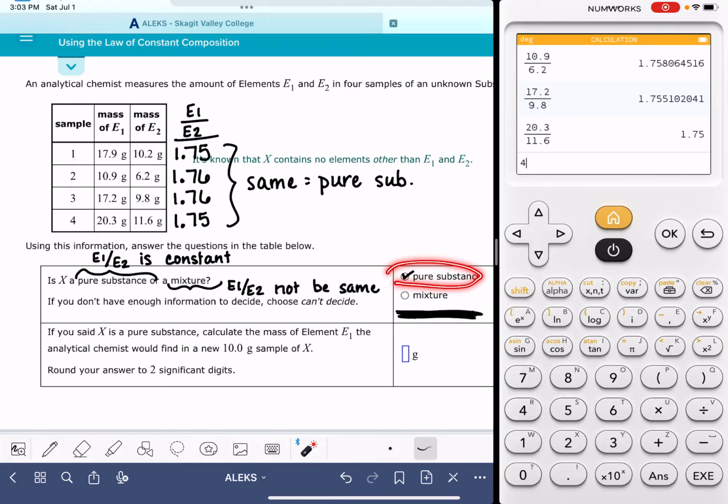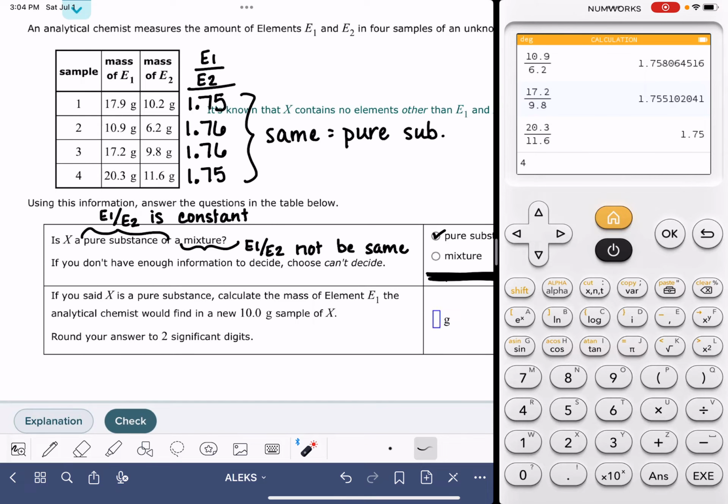Now, if X is a pure substance, then we also have the pleasure of answering the second question here. If this was a mixture, we wouldn't have to answer this question. But if X is a pure substance, ALEKS wants us to figure out now if we had a 5th sample with a total mass of 10 grams, so E1 plus E2 is 10 grams, how much of this 10-gram sample would be coming from element number 1?